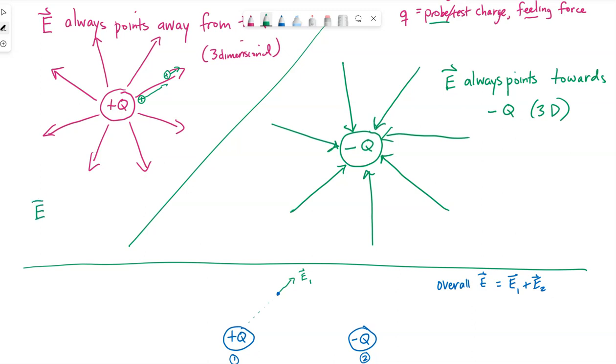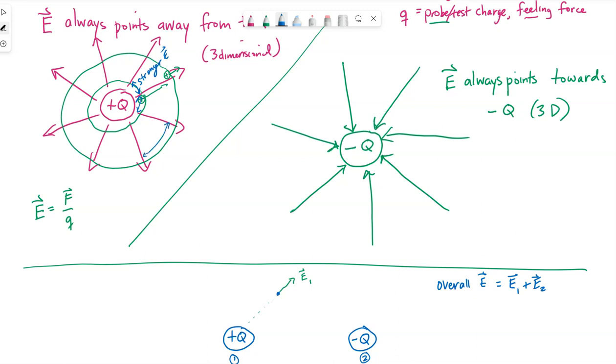Since we've defined the electric field as the force divided by this test charge, if the force is bigger on this same probe charge, then the electric field is bigger as well. And actually, interestingly enough, if we think about just that charge at that distance versus a charge further away, in a picture, the field lines being closer together means a stronger electric field.